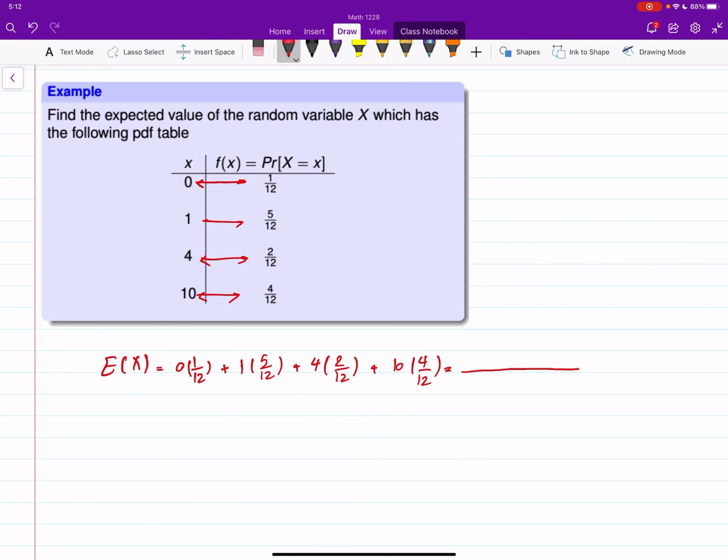All of them have 12 as denominator. So the first one will give me 0, the second one 5, the third one 8, the fourth one 40. And this will add up to 53 over 12. So the expected value or the mean of this random variable is 53 over 12.